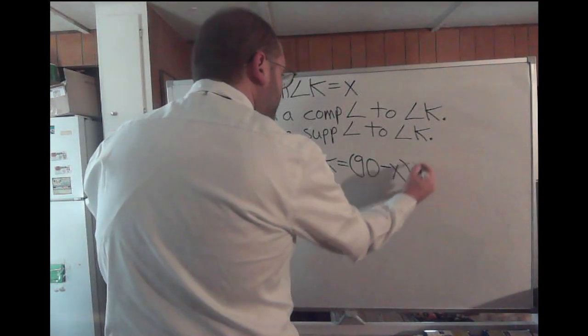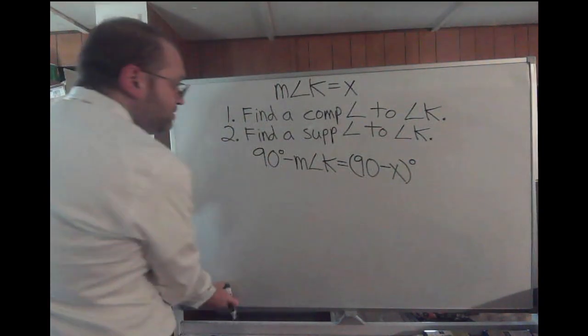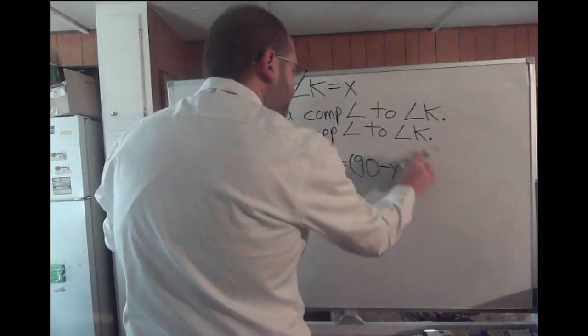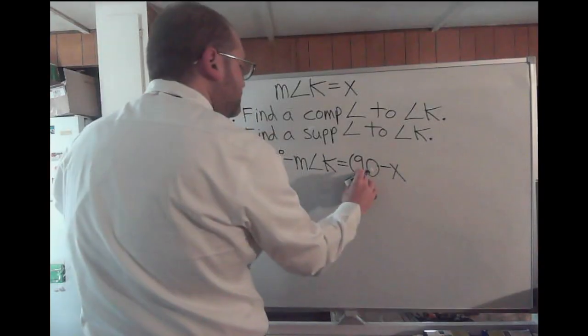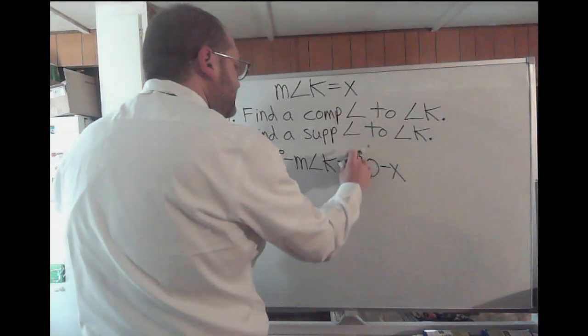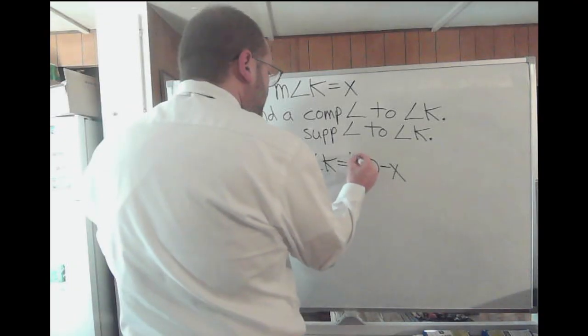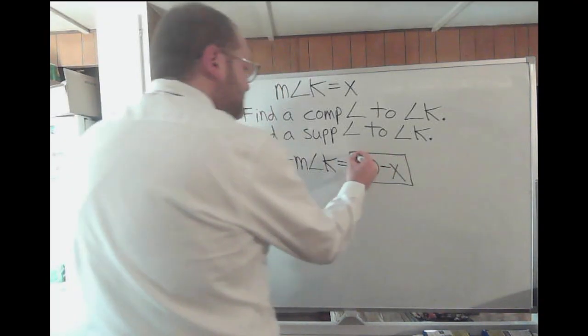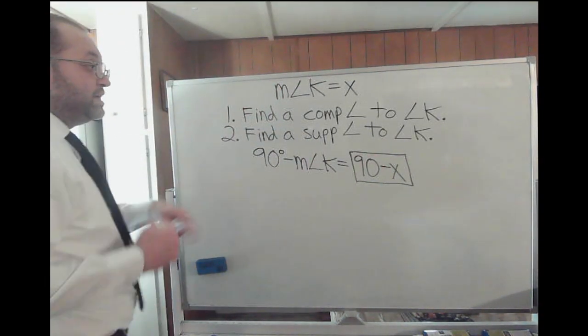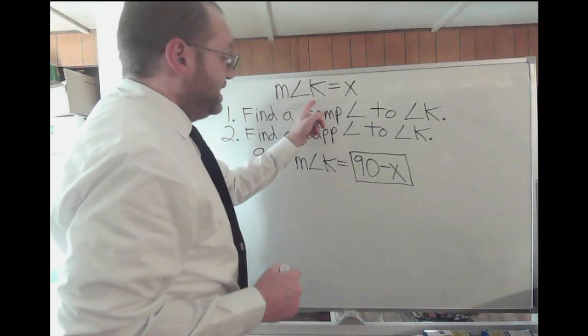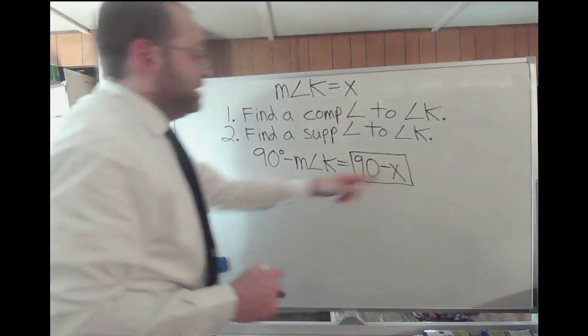You could say degrees if you want to on the outside. I wouldn't do that though. The reason is because it's going to look like you're taking the quantity of 90 minus x to the 0 power. So that's as far as we can go. This doesn't simplify any further. So the complement to angle K is going to be 90 minus x.